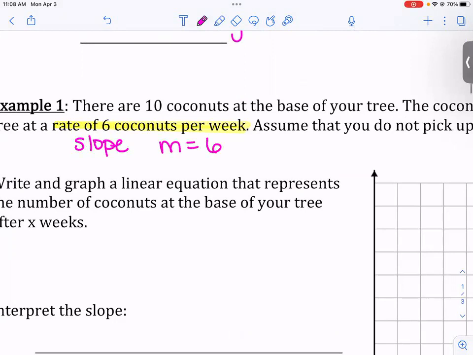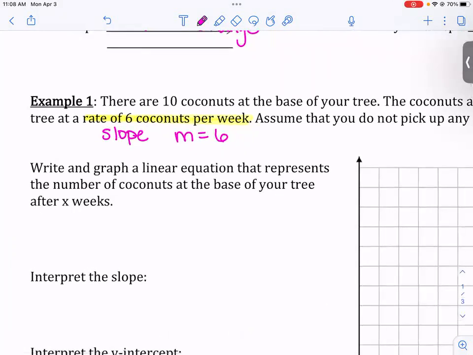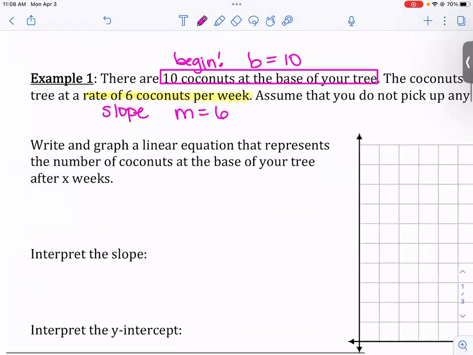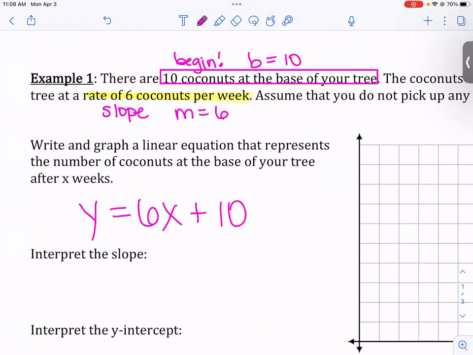Do we have a beginning amount of coconuts? We start with 10. So y equals mx plus b.